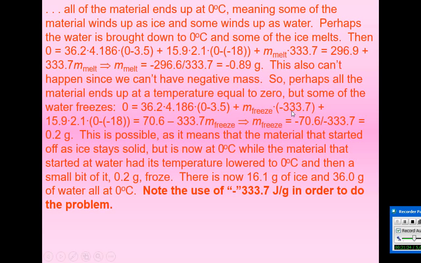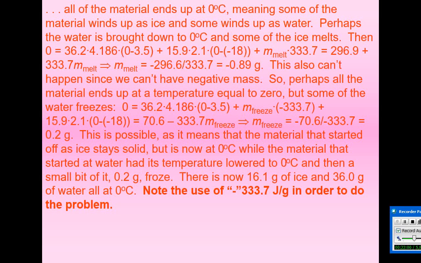And notice that I'm using the latent heat of negative 333.7 because the latent heat of freezing is the negative of the latent heat of melting. We also have the 15.9 grams of ice going from negative 18 degrees to 0 degrees. And if we plug in all of this, we get that the amount of material that was originally liquid water that freezes is 0.2 grams, which is reasonable. This is something that makes sense.